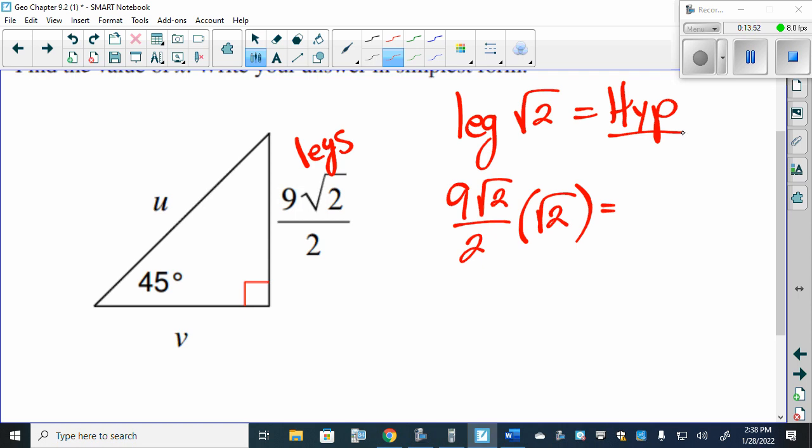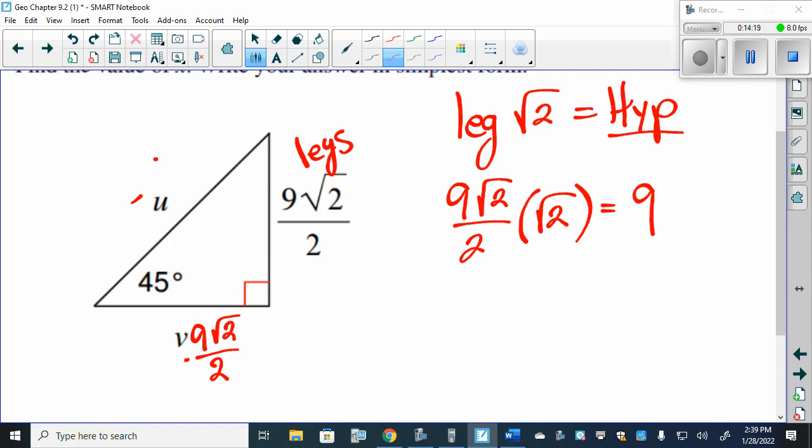Well, then we're done. Because what am I trying to find here? I'm trying to find the leg and the hypotenuse. Well, what is this leg going to be? 9 square root of 2 over 2, yes? Well, if I want to get to the hypotenuse, I multiply the legs by the square root of 2. So if I do this here, it actually gives me 9.